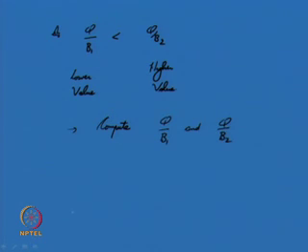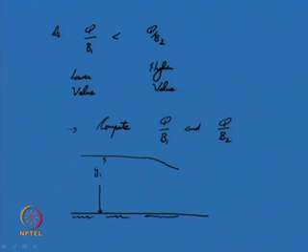That is, this is the channel bed, here is your y 1, then as the channel width decreases, the depth of flow at section 2 2 reduces to y 2.